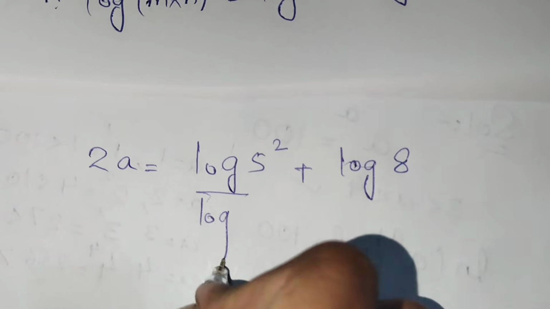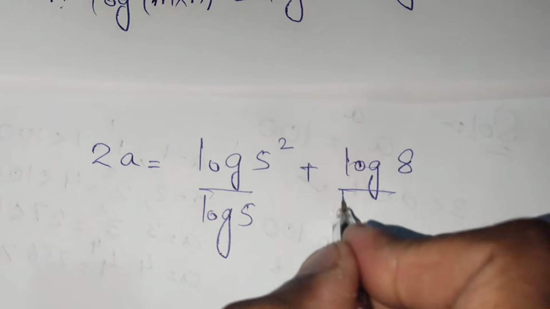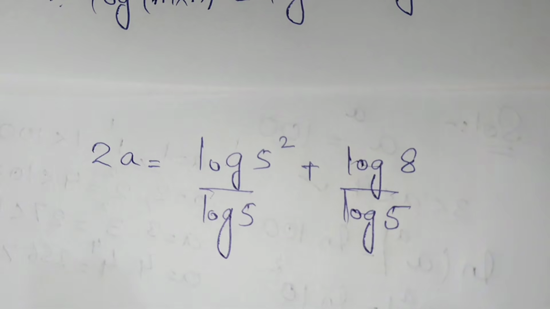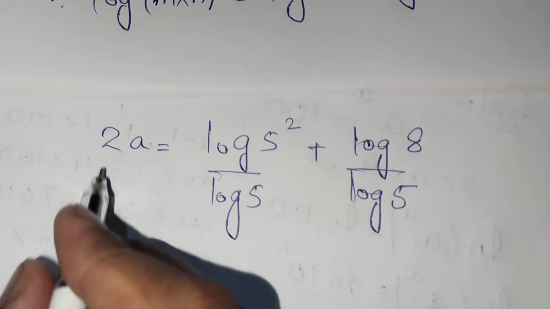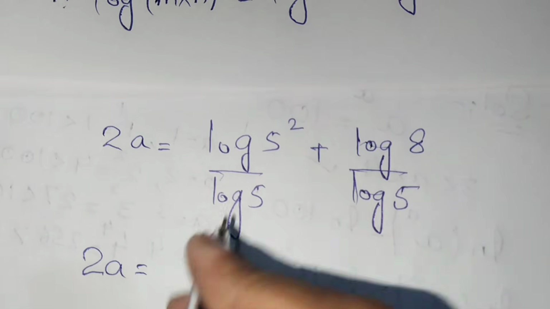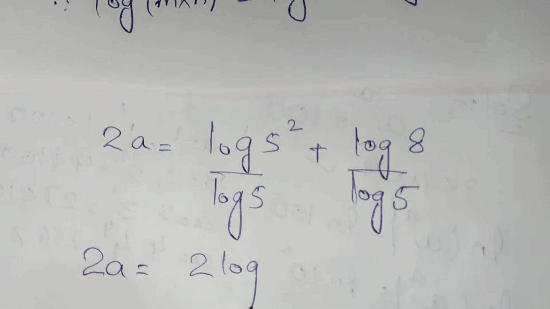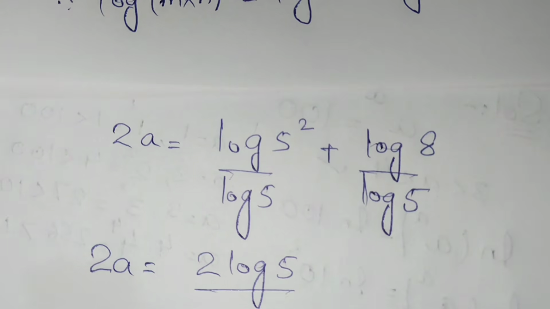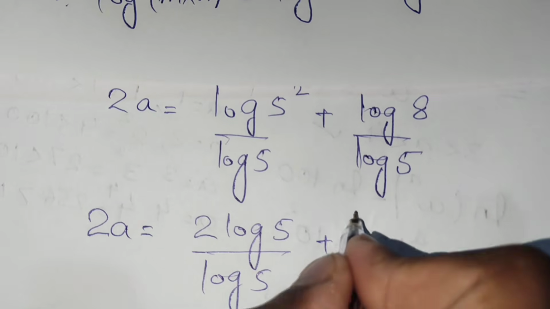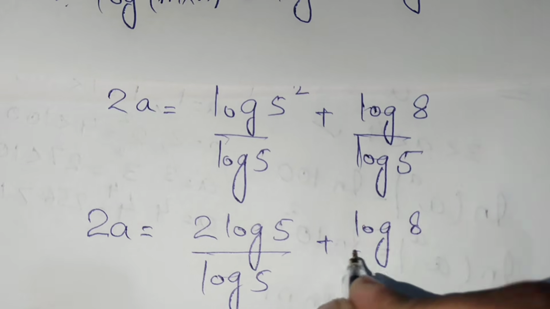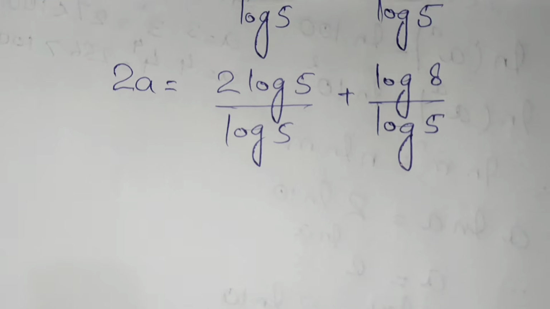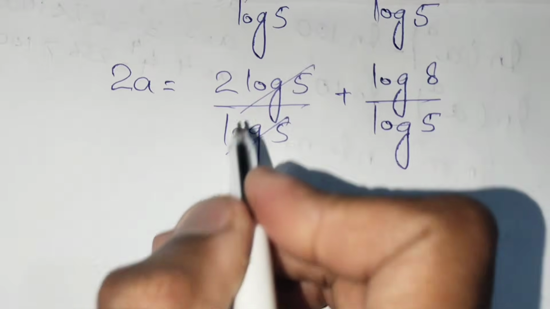Here, 2a equals 2 times log of 5, by the power rule, plus log of 8 over log of 5. Log 5 cancels log 5.